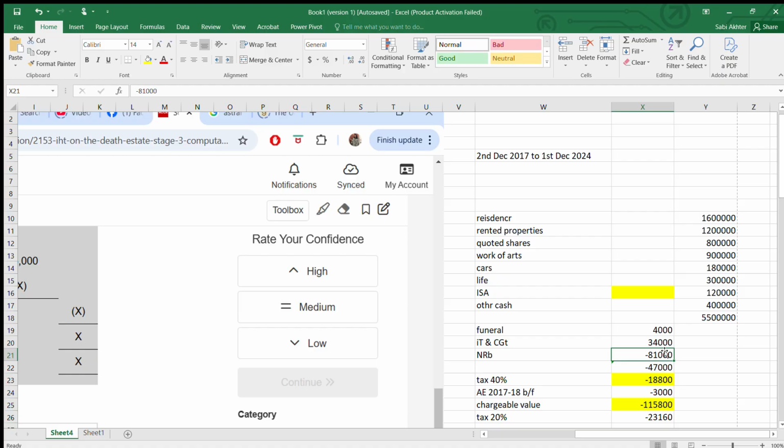So the total is 38,000. Just put a minus before the sum. So it's 38,000.